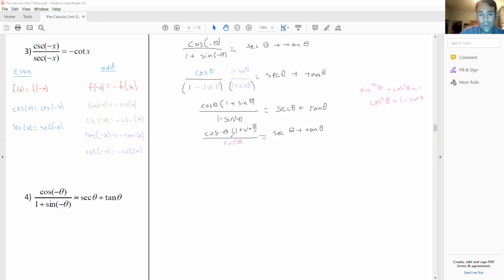So cosine goes away. It takes care of 1 down there as well. So I have 1 plus sine theta over cosine theta. Oh, I can see where this is starting to go now. Sometimes, friends, you're just kind of playing with it here. You're trying some different things. Hopefully you can get things to fall out.